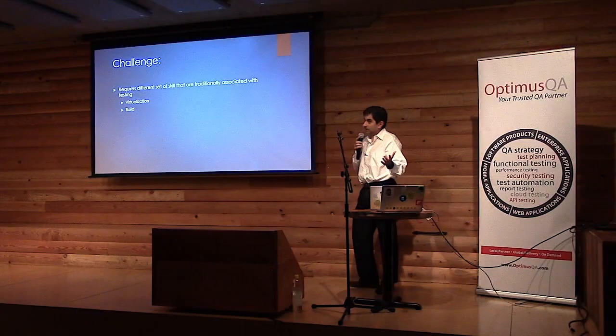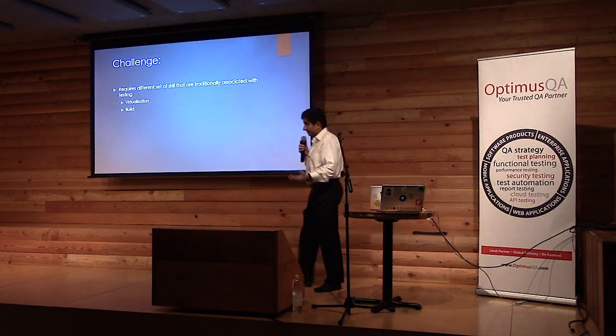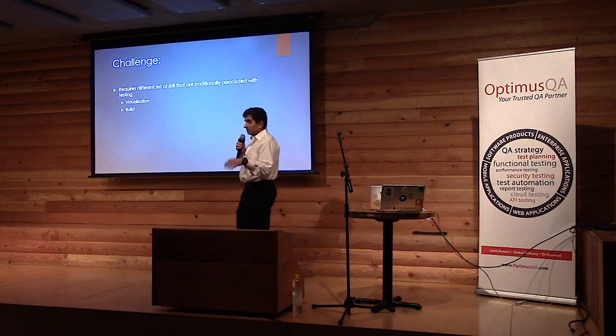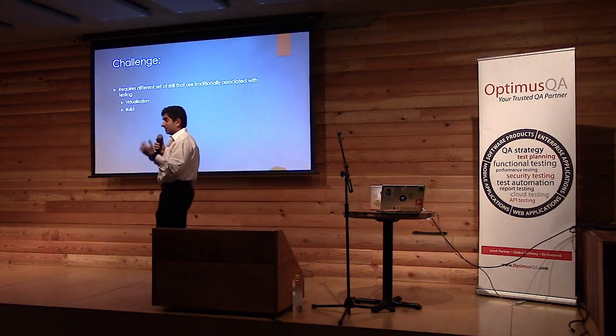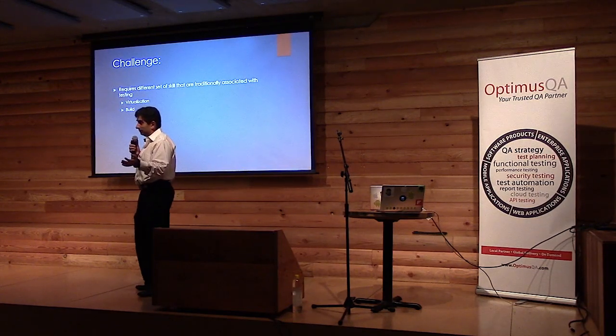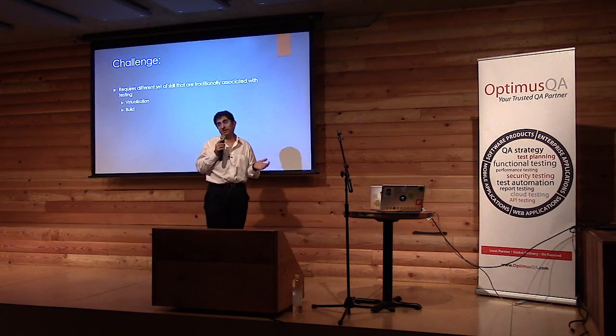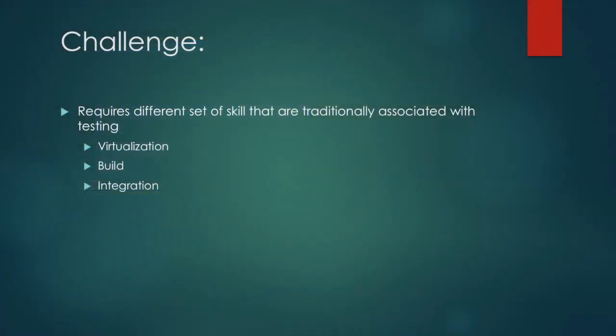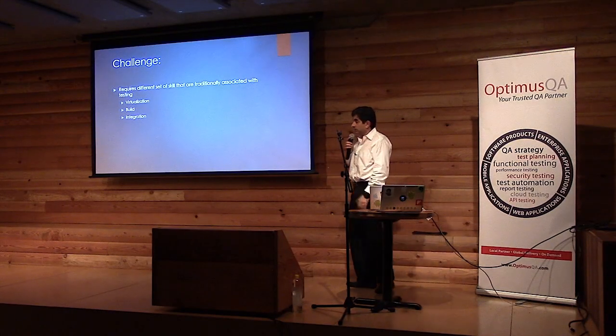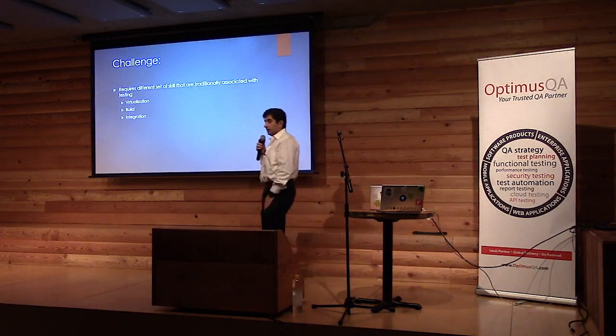Build, there's no way around it. You've got to learn the basics of the build. Most of the companies have started using, as I say, Jenkins and build bots in order to distribute. You need to understand a little bit about the build in order to get by. And integration, you've got to know how the pieces fit together.